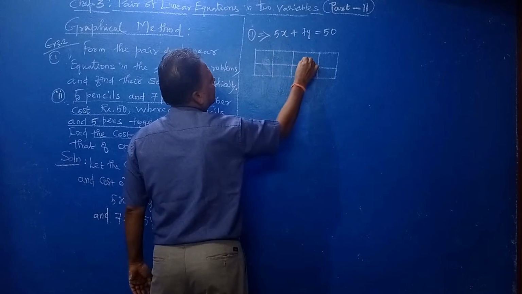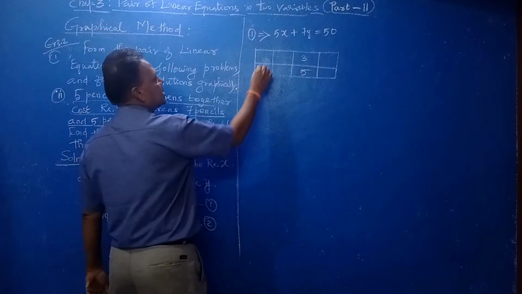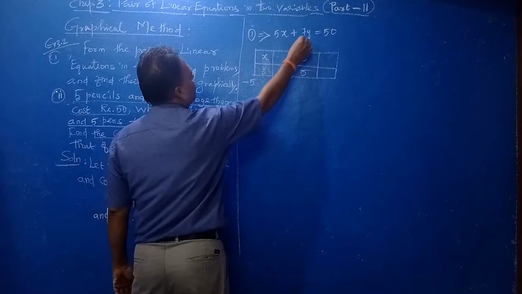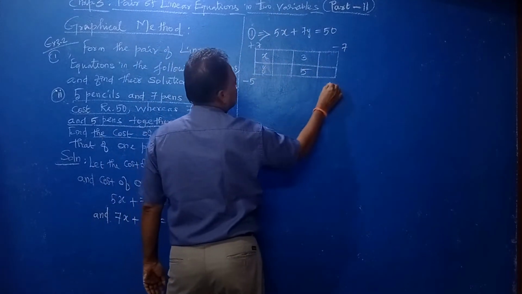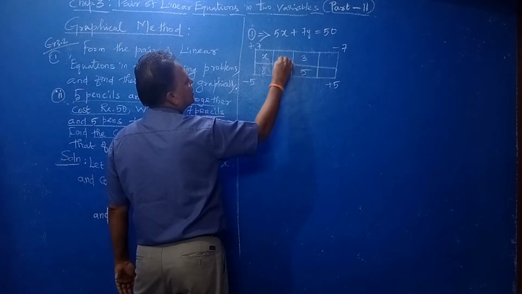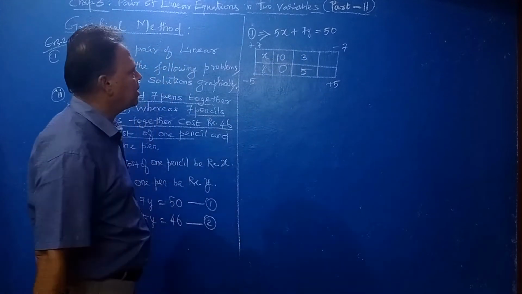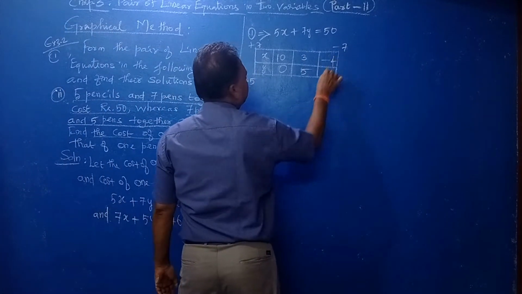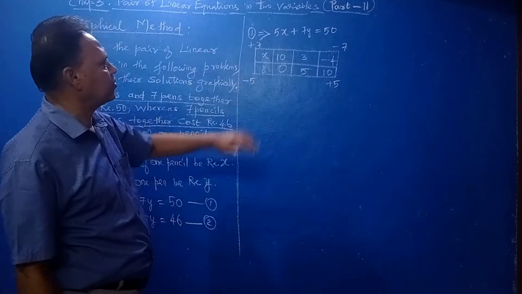Three, 5 you put. Now you write the coefficients. X coefficient you write here minus 5, Y coefficient plus 7. Bring this one minus 7 plus 5. Now just add: 10, 0. Here minus 4, minus 4, how much? 10. Just add. Easily you can find out the solution.